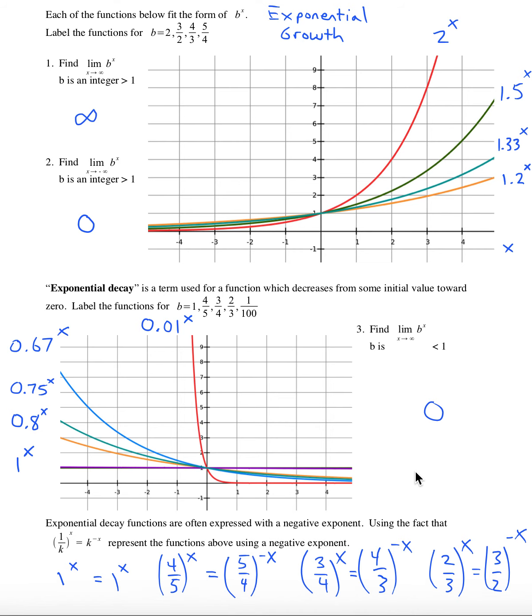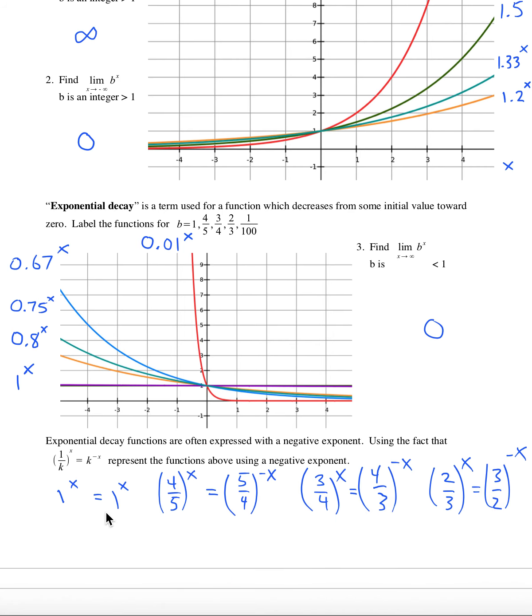And finally, if you graph the function 1 over 100 to the x, you'll find that it's actually the same function as 100 to the negative x. The point is that there's more than one way to represent the same curve, and it is possible to have a negative in the exponent of an exponential function as well.